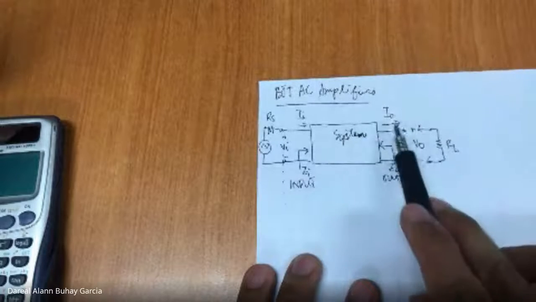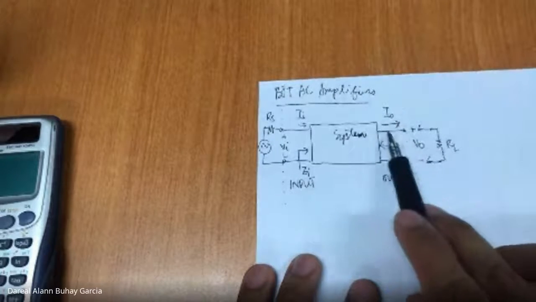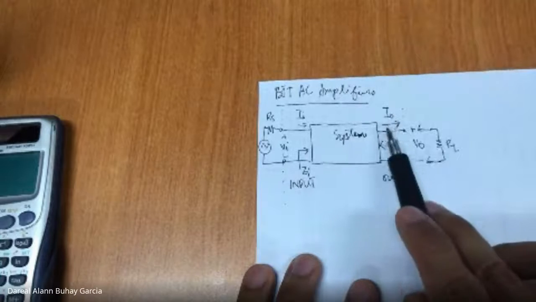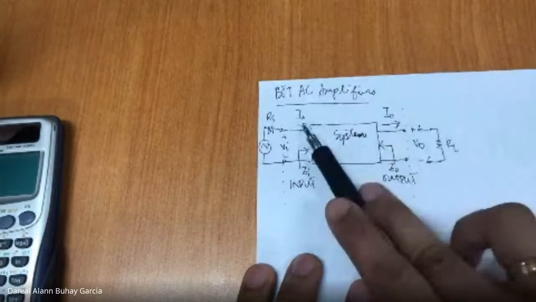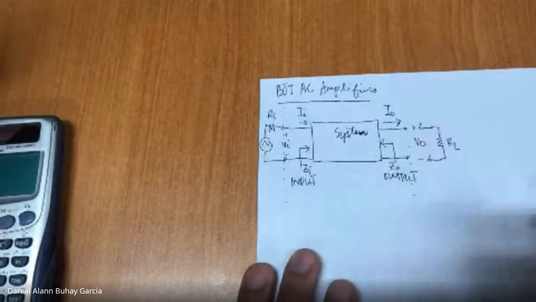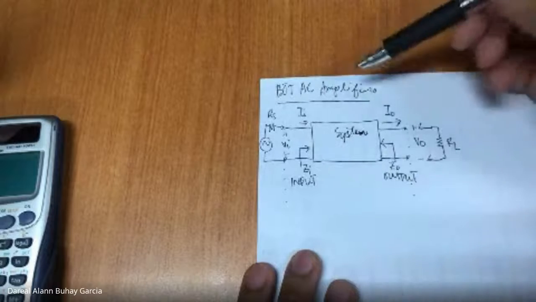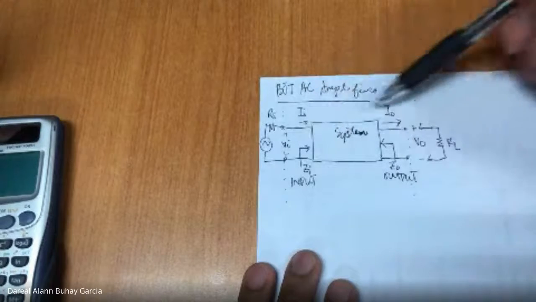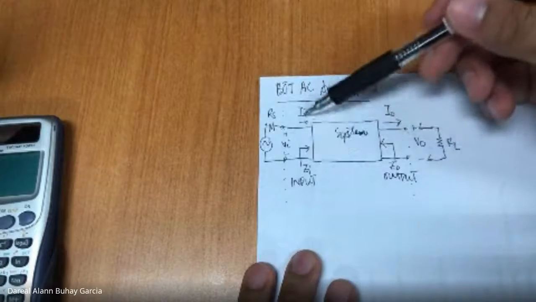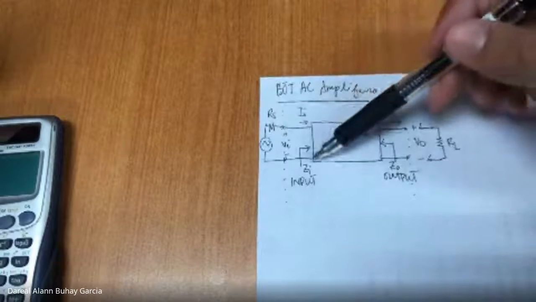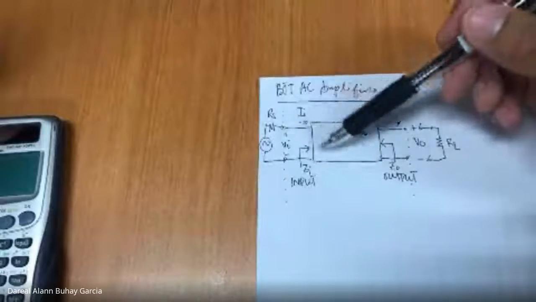So anyway, the current nga go in or out sa output nga part is of course IO, output current, and input current. Okay? So whenever we see this value, parameters, no, muna mo kinapasabot.